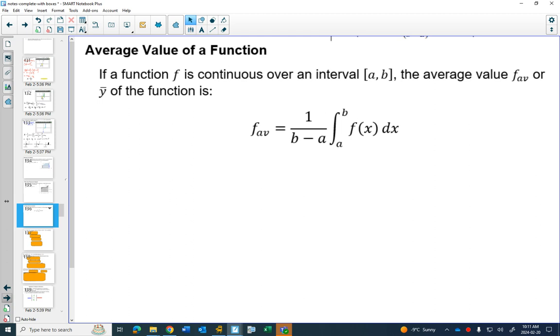If the beginning of the semester started at 8 and the end at 10, and all of your marks were an infinite amount of marks from 64 to 100, but they followed the x squared curve, not a straight line. Straight line would be easy. What's the average between 64 and 100? You'd be like, oh, that's my grade. But the x squared graph isn't quite straight. So then what's my average in this class if my marks followed that? And we use integrals to be able to find it.